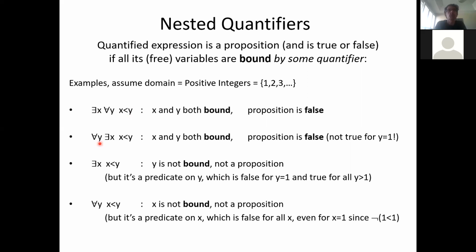How about this one? For all y's, there exists an x which is smaller than y. Both x and y are bound by these quantifiers, so it's well defined. It's either true or false. So let's see, I'm saying it is false.